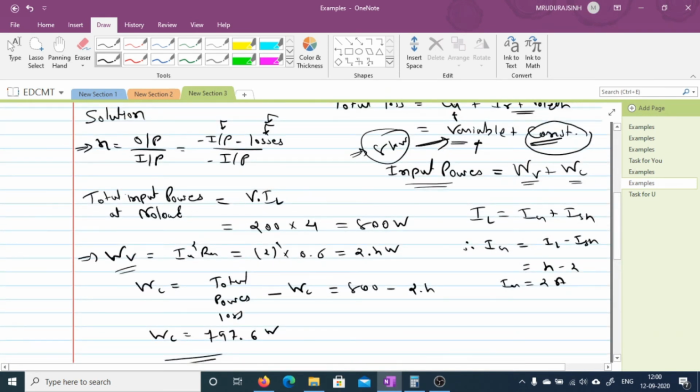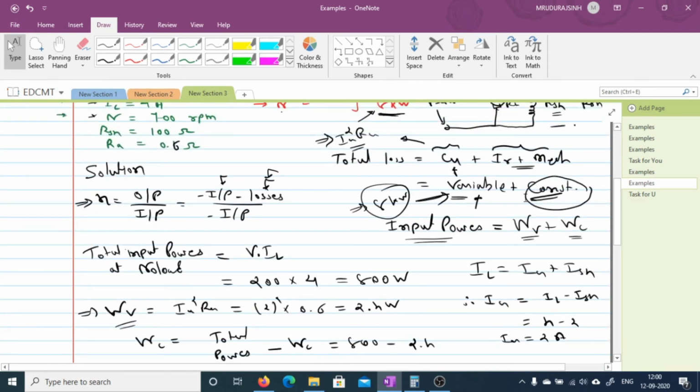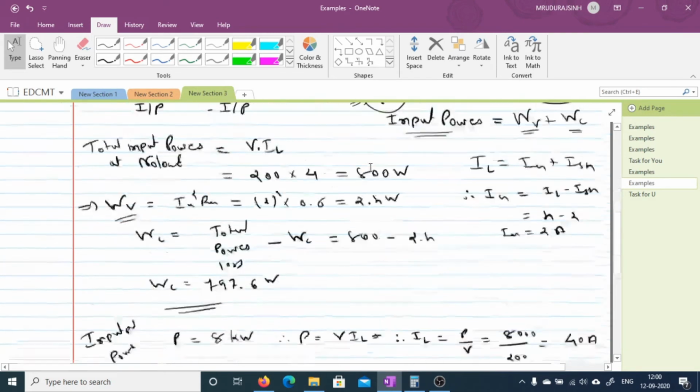So now we know this variable loss and constant loss. By adding these two we'll be able to get the total loss.